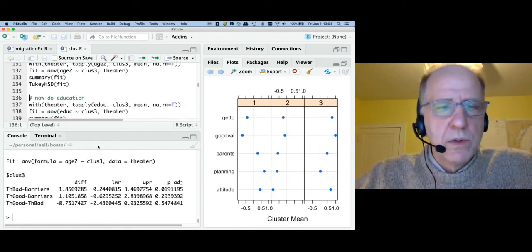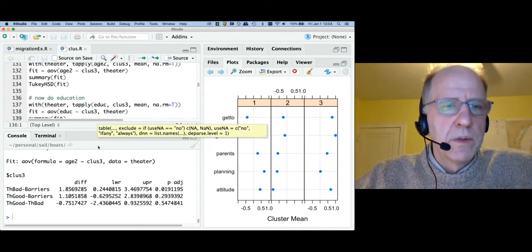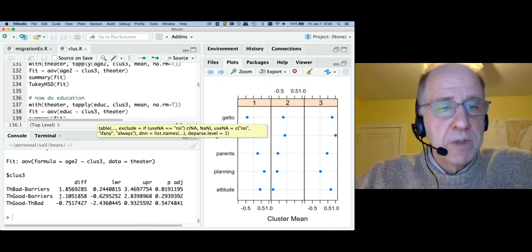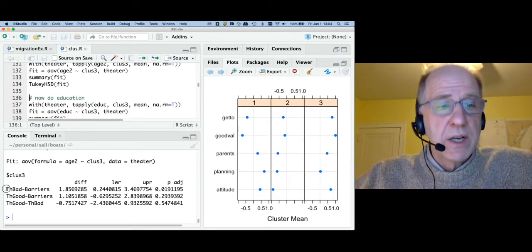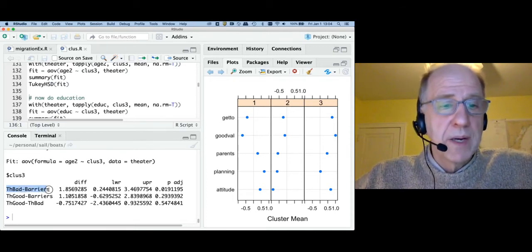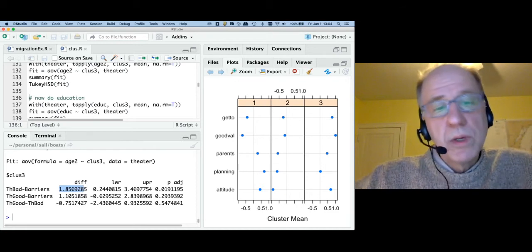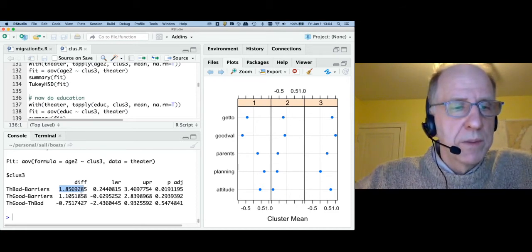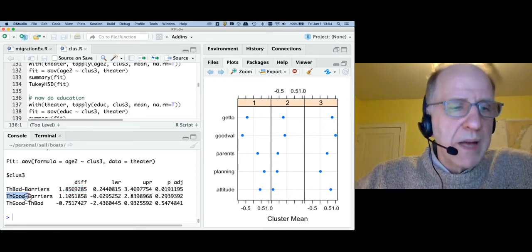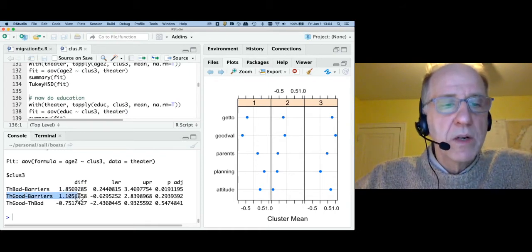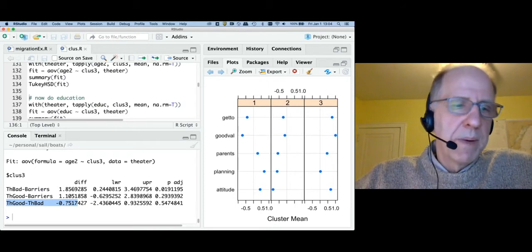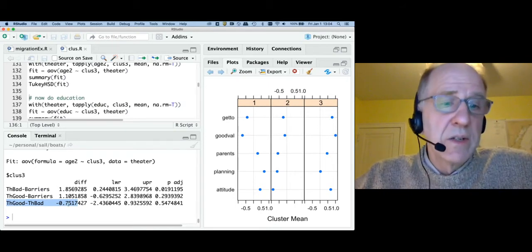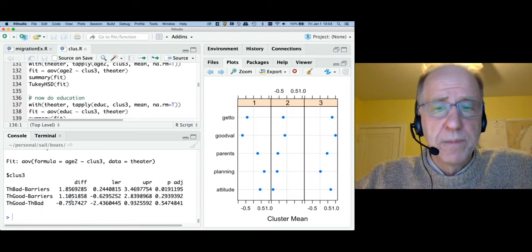We can also use the Tukey HSD difference function. If we take the average age of the theater bad group minus the barrier group, the theater bad group's about 2 years older than the barrier group. The people who like theater are about a year older than the barrier group. The theater good group is about 3/4 of a year younger than the theater bad group.